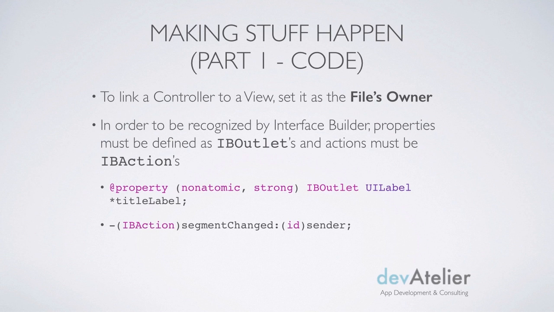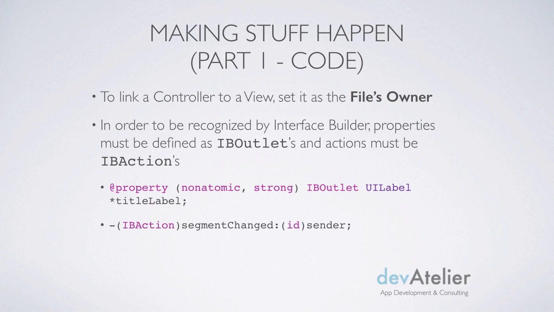But to make Interface Builder find it, we need to add this extra keyword in front of the type called IBOutlet. IBOutlet, as you can kind of guess, means Interface Builder outlet. This way, when Interface Builder knows who the file's owner is, to figure out the list of properties, the list of things that can be assigned, it goes through and finds everything with IBOutlet attached to it.